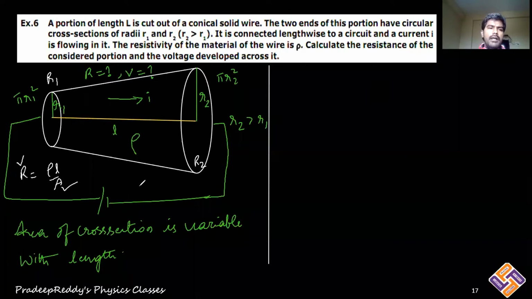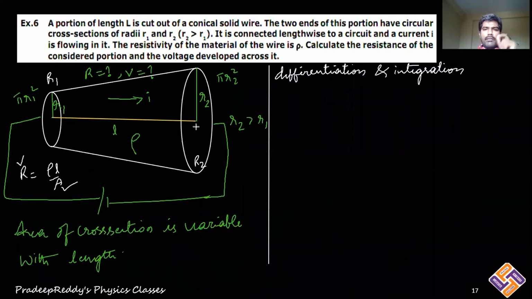Therefore, as it is variable, whenever something is variable, what you need to do? You need to go for differentiation and integration. You should use the concept of integration and differentiation whenever any physical quantity is variable with respect to position or with respect to time or any other physical quantity. Therefore, here I'll take a very small element from the conductor, from this total conductor.